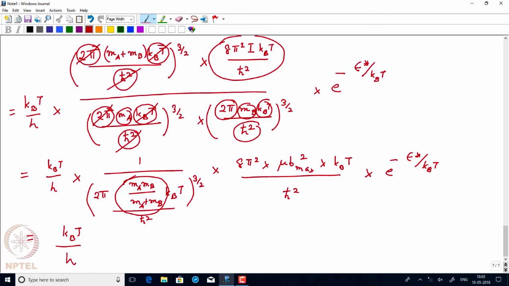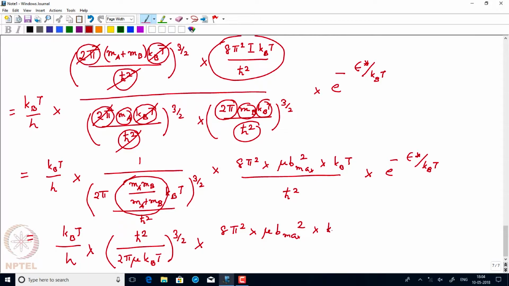Now we can arrange the terms one by one. Let us write it once again: kBT by h times (h bar squared by 2 pi mu kBT) raised to the power 3 by 2, and then 8 pi squared times the moment of inertia, which is mu Bmax squared, into kBT divided by h bar squared, into e to the power minus E star by kBT.